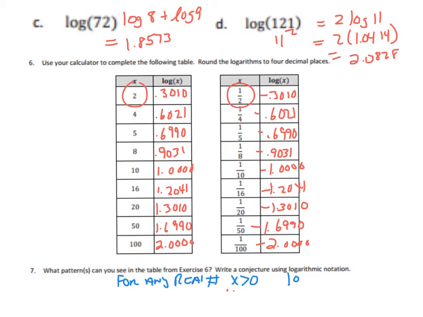Well, hopefully you realize that the log of 1 over x, that's this side here, turned out to be the same thing as the negative of the log of the other number, the x, when it was flipped the right way. That's the big key piece that we got to come out of this. So if you flip the thing, all you got to do is take the negative of the same value. All right, we're almost done here.